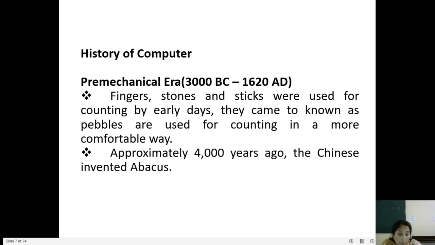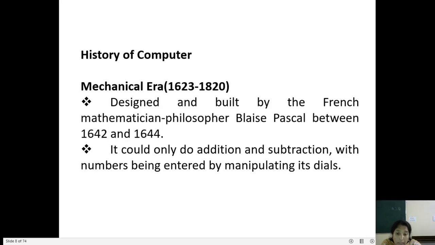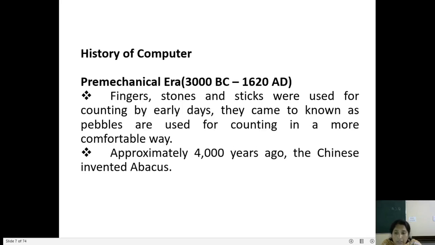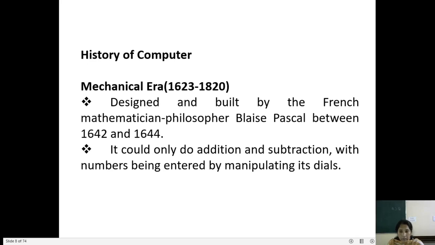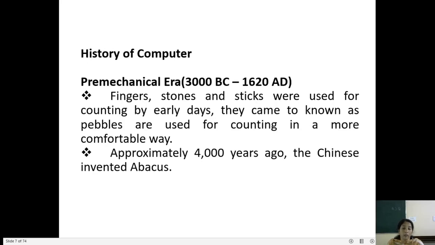Later on, many devices were introduced, such as Napier bones, which are used for multiplication and division.